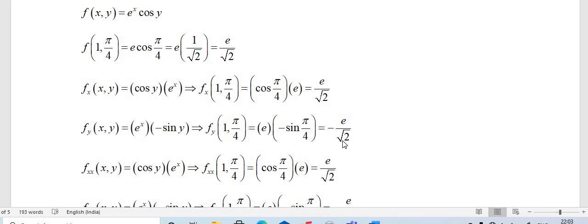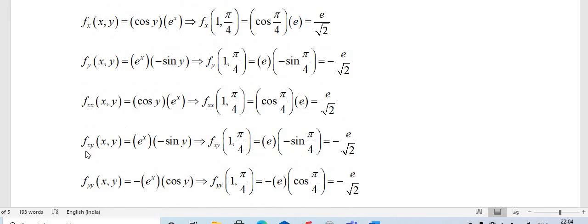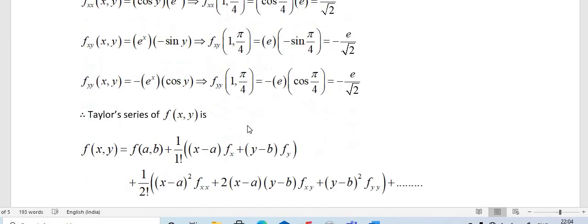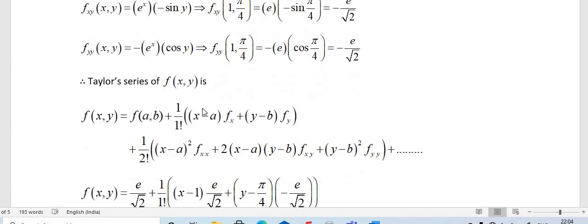Here I am not explaining partial differentiation because all of you know partial differentiation. Fxx of x comma y, fxx at 1 comma pi by 4, that is e by root 2. Like this, I am going to find out fxy, fyy and also their values at 1 comma pi by 4. So, this is the Taylor series.